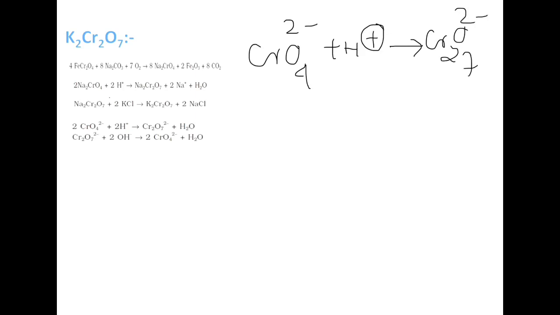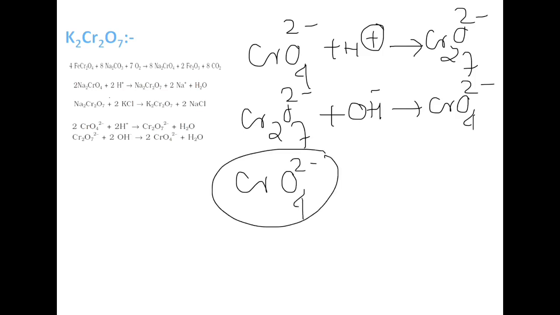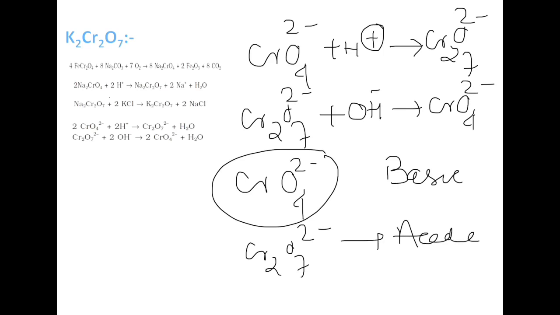But the dichromate form again comes back to chromate in basic medium. This means the chromate is stable in basic medium and dichromate is stable in acidic medium.